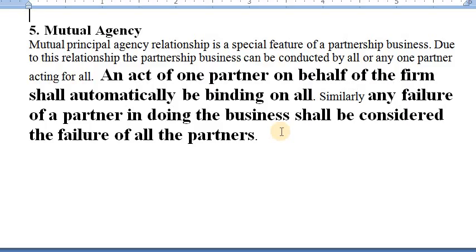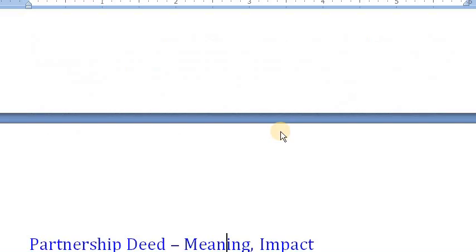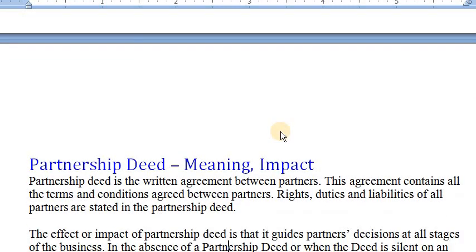They cannot say that we are not responsible. All of them are responsible for the act of one person. Any one person can do something. Suppose if he makes an agreement, if one partner makes an agreement, it is as if everybody made the agreement. Okay, so one partner can bind others by his action. This is known as principal agency relationship. Okay.